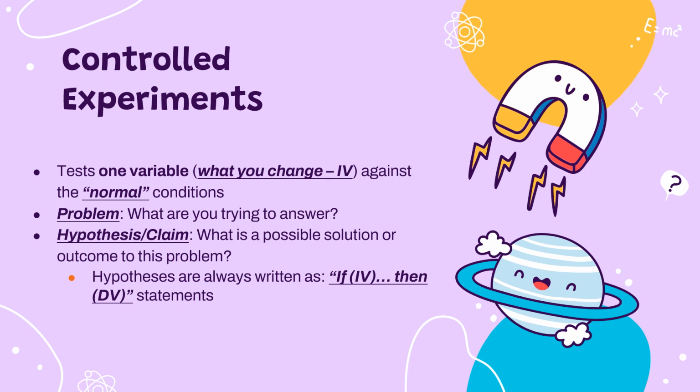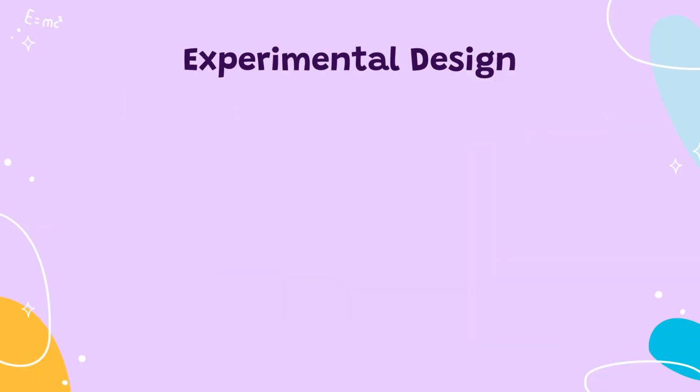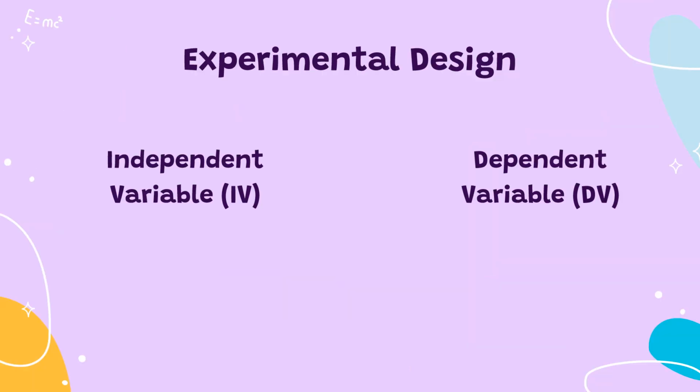Something like that. If I examine all the mountain shapes, then I expect that the conical mountains are more likely to be volcanoes. Anything like that. So let's break down those two variables.